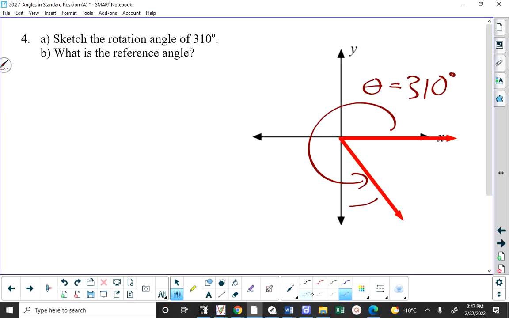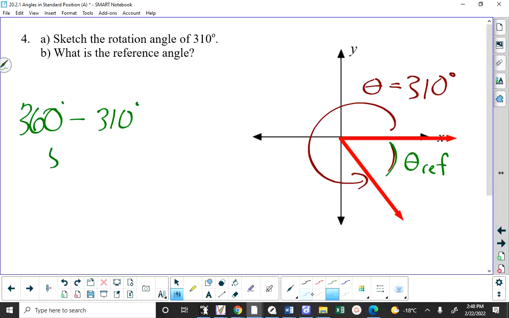So you may come up with the 40 degrees as part of your sketch in your head, but the reference angle is actually 50. And that would be 360 degrees minus the 310 degrees, which is 50 degrees for the reference.